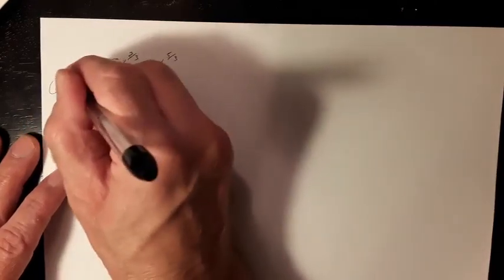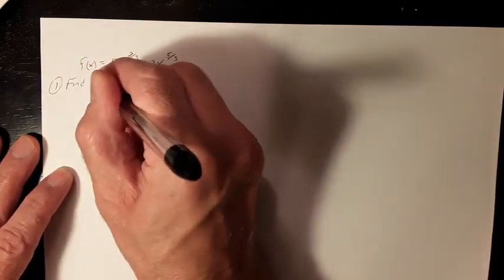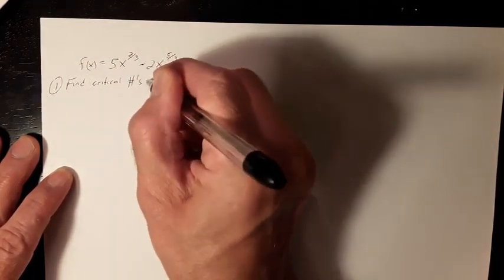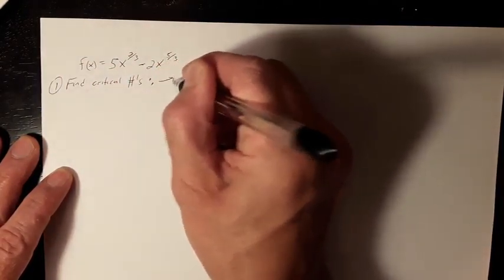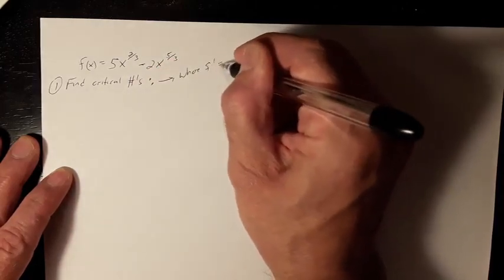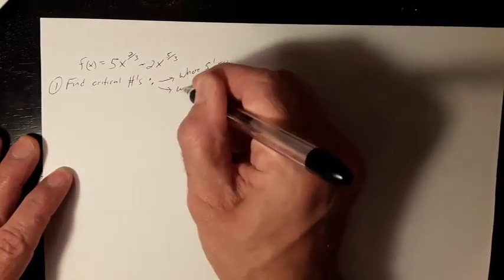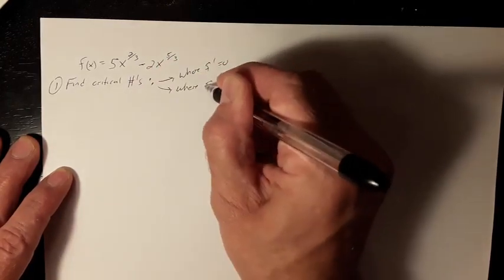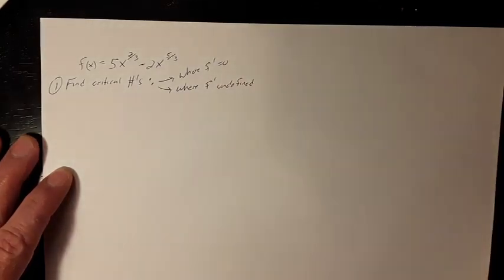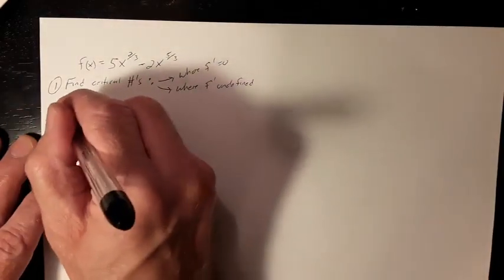So, step one, find the critical numbers. This is going to be where f prime equals 0 and where f prime is undefined. So we need f prime.